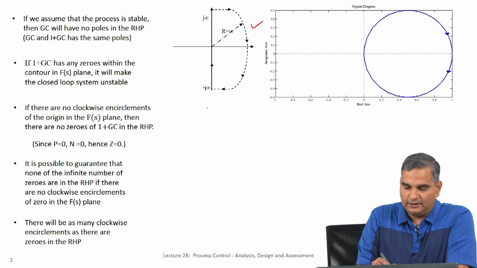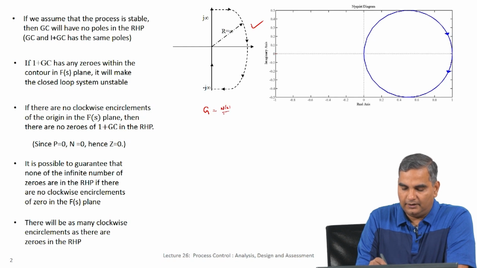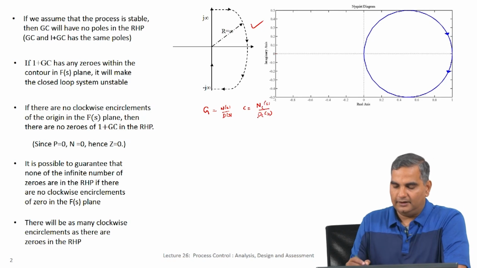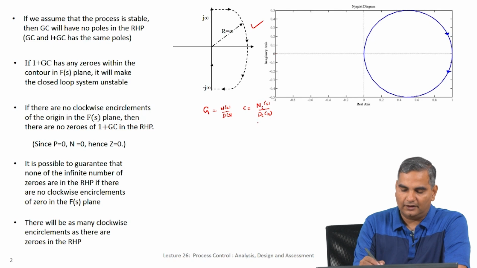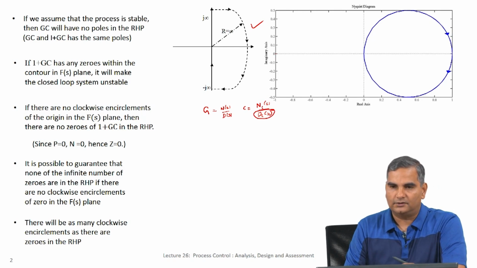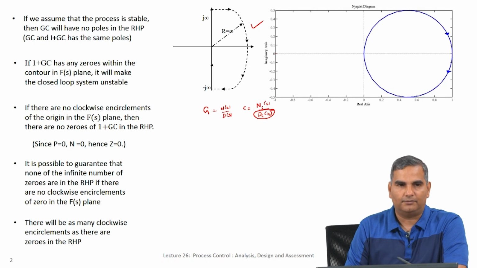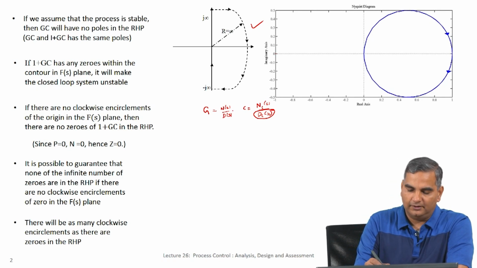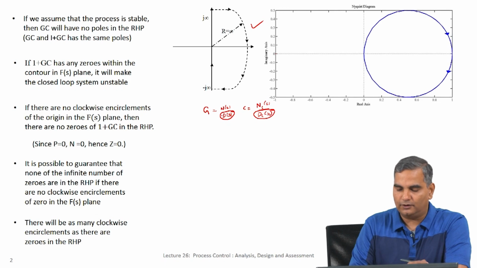Let us look at G, which itself is some numerator by denominator. C is also some numerator by denominator. Clearly, we are not going to design controllers which are unstable. So, we are assuming that there are no poles of the controller in the right half plane, and if the process is stable, then D of s is also not going to have any poles in the right half plane.